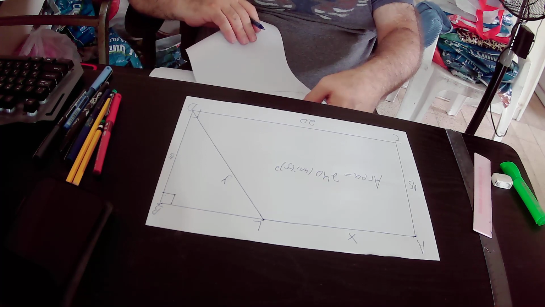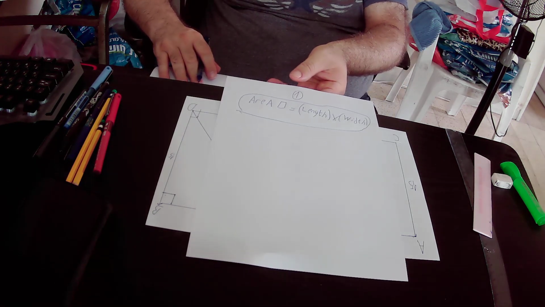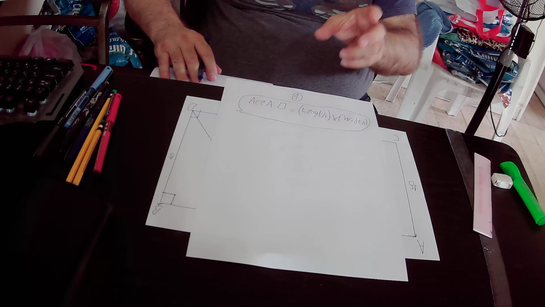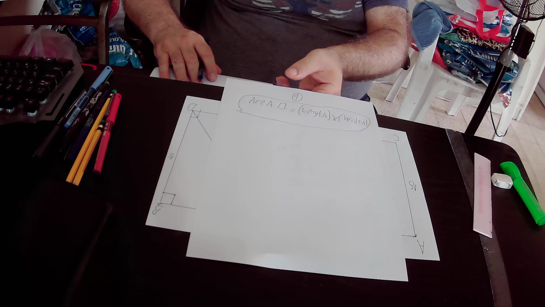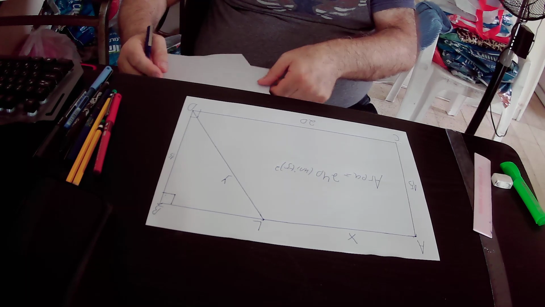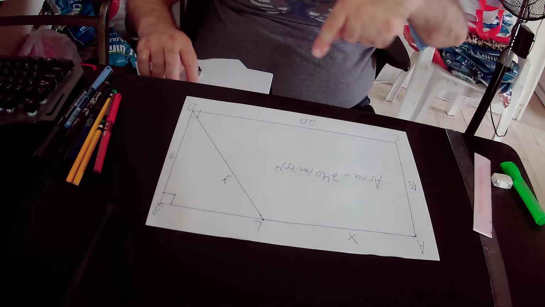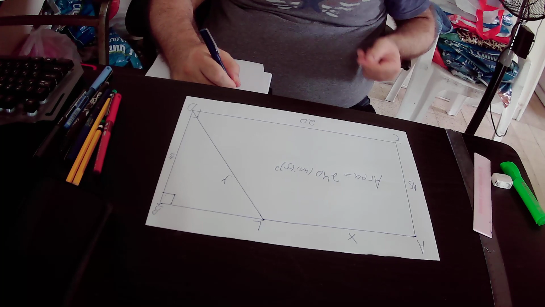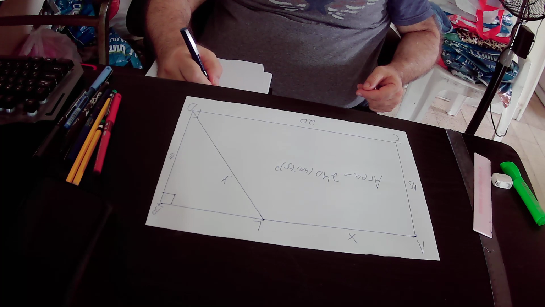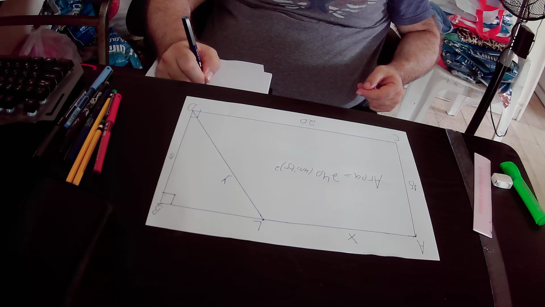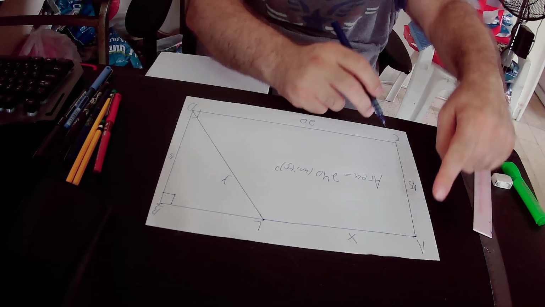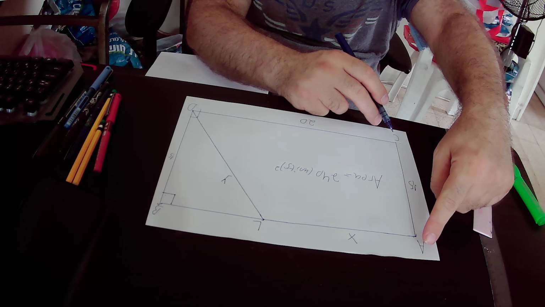Especially, the area of rectangle ABCD will be equal to the length of the rectangle ABCD, which is 20 units, times the width of the rectangle ABCD, which is 15 units.